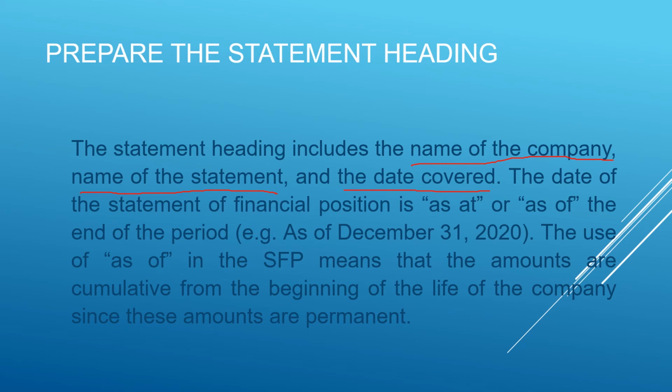The date of the financial position is as at or as of the end of the period, December 31, 2020, for example. The use of as of in the statement of financial position means that the amounts are cumulative from the beginning of the life of the company, since these amounts are permanent.